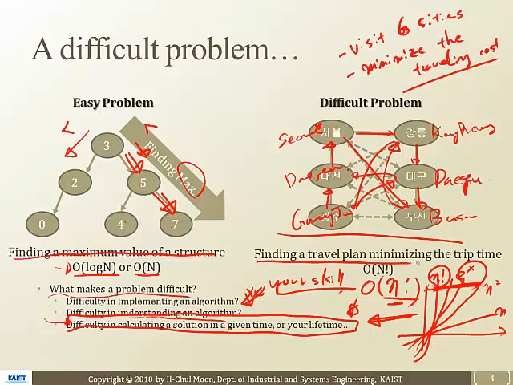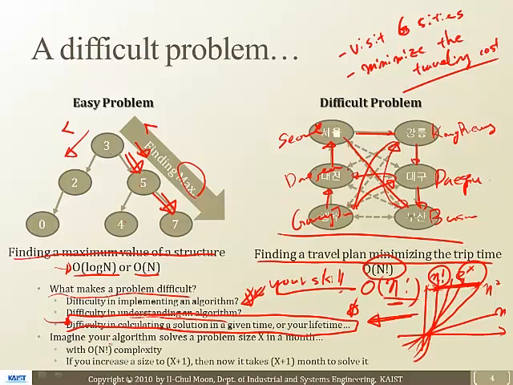However, finding a travel plan minimizing the trip time is going to take order of n factorial, and there is nothing that we can do about it. So it's going to be order of n factorial, and it's going to be a very difficult problem.